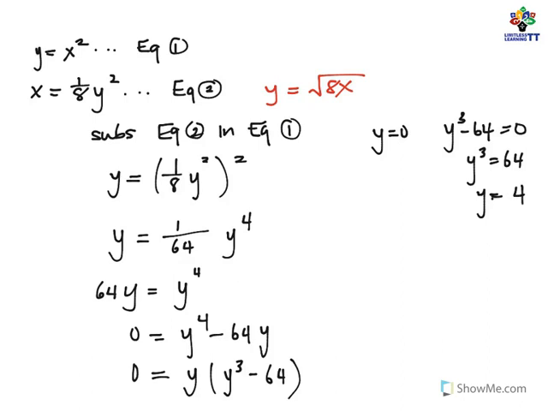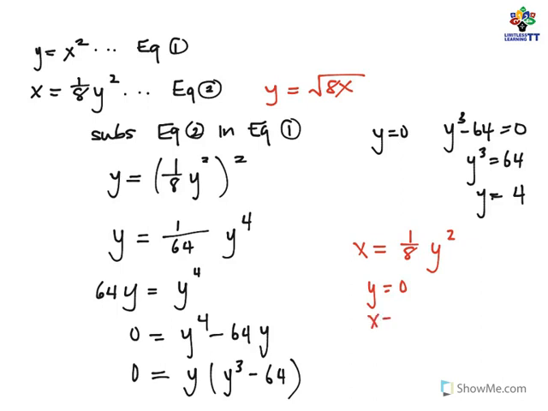So now I know that y is 0 and y is 4, and I can substitute that into my first or my second equation to solve for x. I'll substitute it into my second equation. So my second equation says x is equal to 1/8 y squared. So when y is equal to 0, 0 squared will be 0. 1/8 times 0 is 0.